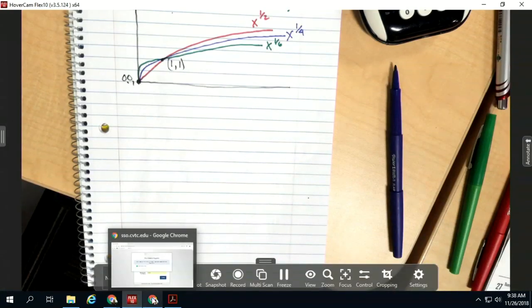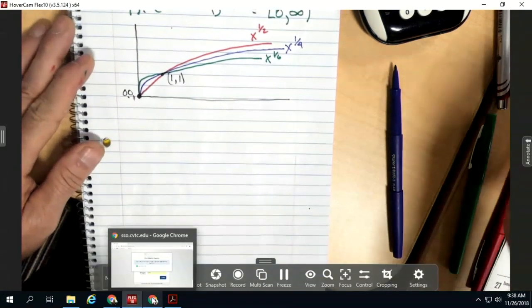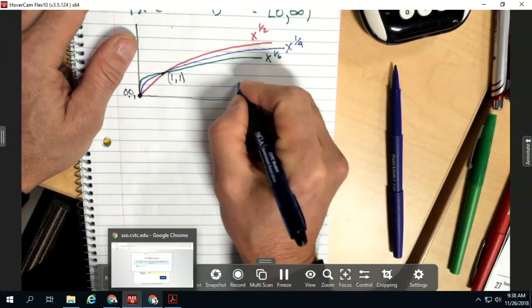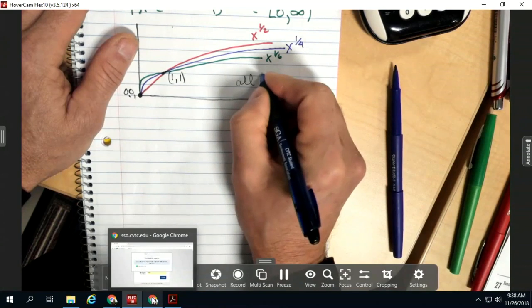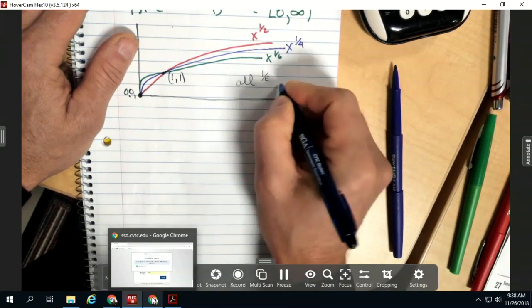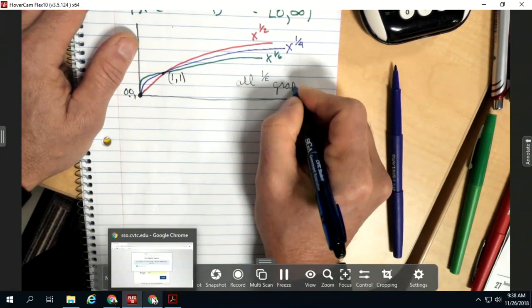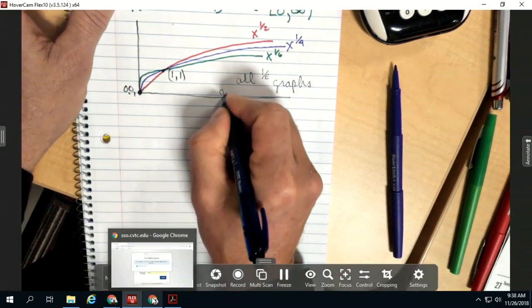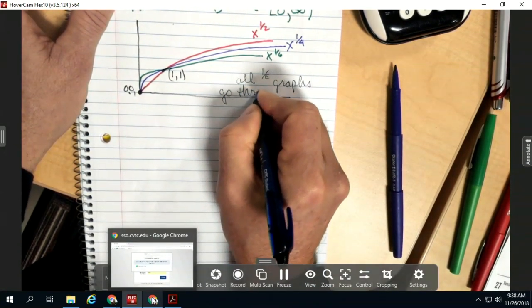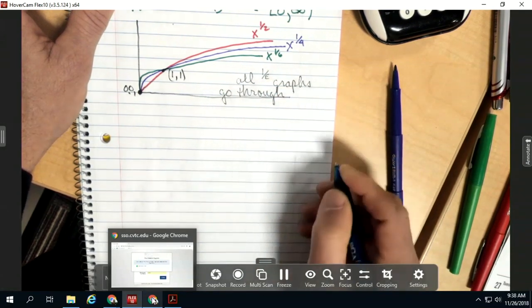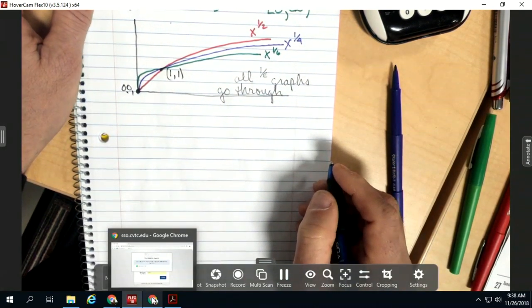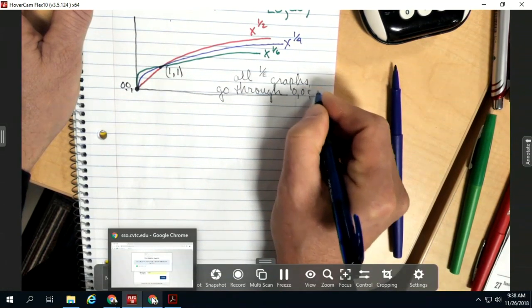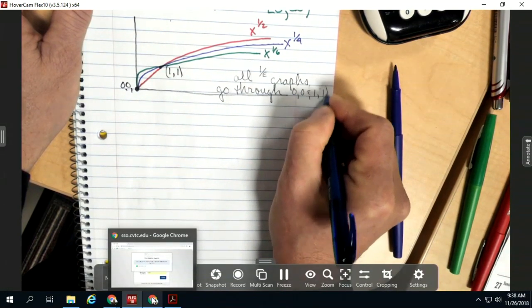So let's make some statements about our graphs. Statement 1: all 1 over even number graphs go through 0, 0, and 1, 1.